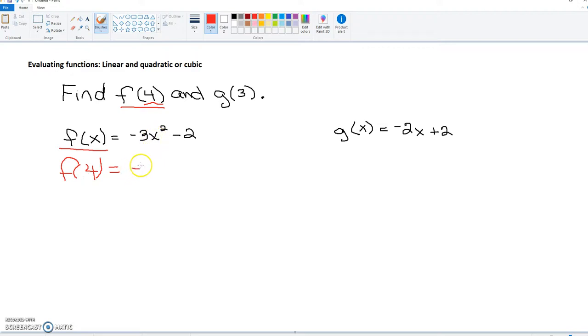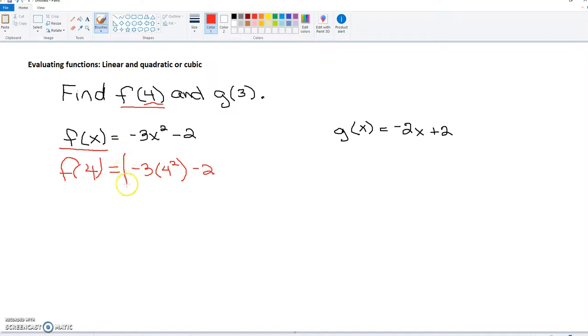So we're going to put our negative 3, and we're going to go ahead and do parentheses, so that way we can make sure that we replace everything correctly. So parentheses 4, and of course the x is being squared in this particular function, so we're going to square it. Close parentheses, and then we're going to bring down the negative 2, or minus 2 in this case.